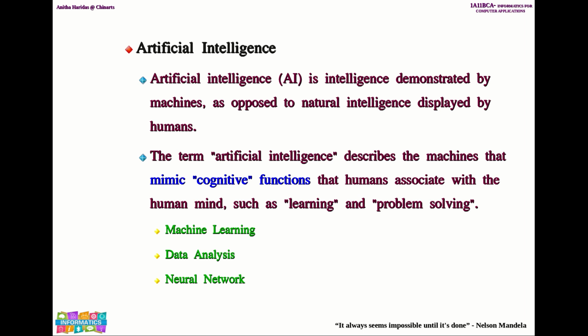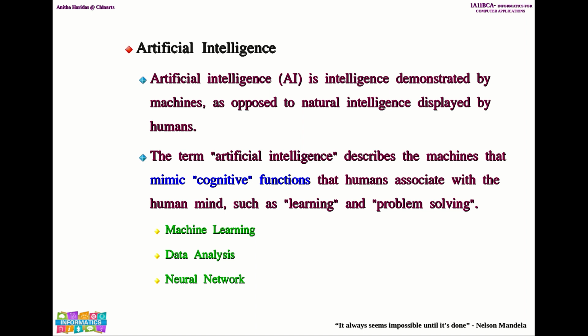Artificial intelligence is nothing but intelligence demonstrated by machines, or I should say intelligence induced into computers or machines, as opposed to the natural intelligence displayed by human beings. The term artificial intelligence describes machines that mimic the cognitive functions, the human brain functions actually.